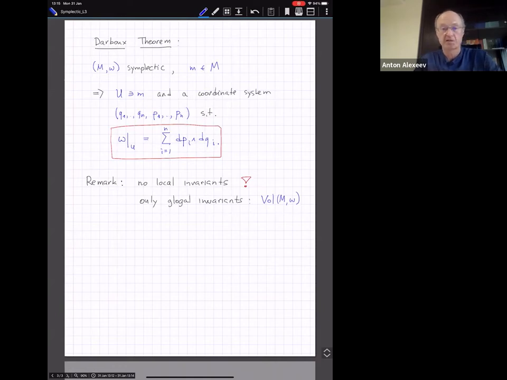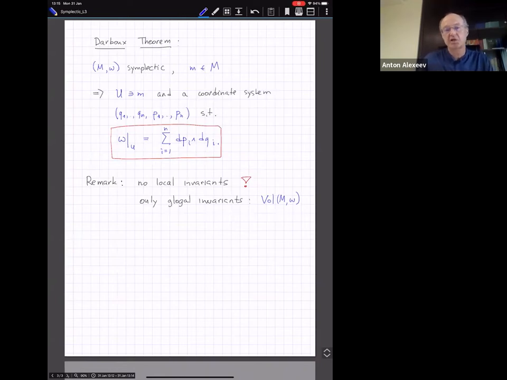Essentially, because of this observation, symplectic geometry splits into two parts. One of them is the big part called symplectic topology. Since you don't have local invariants, you need to look for global invariants, and global in some way means topology. You need to see what restrictions on the topology of a manifold are imposed by a symplectic form.